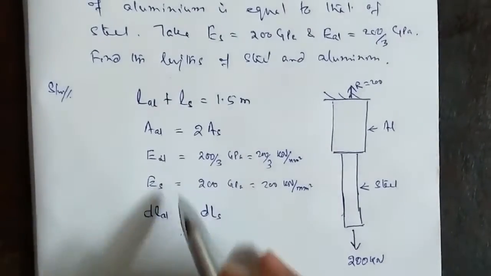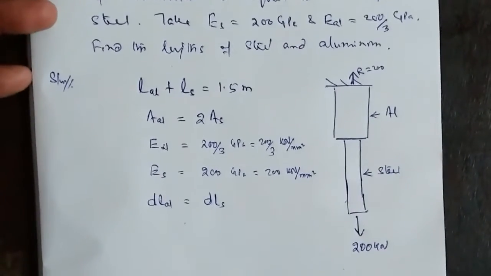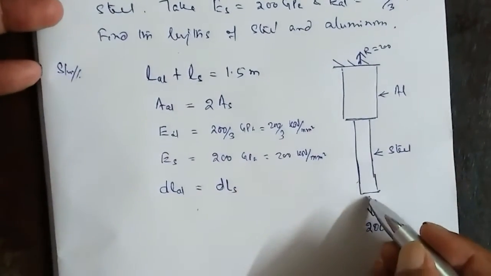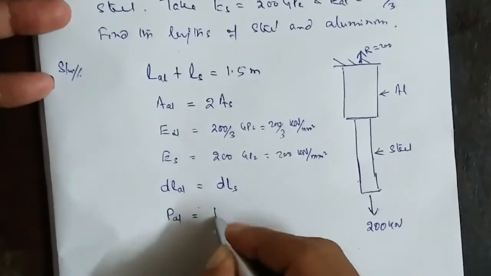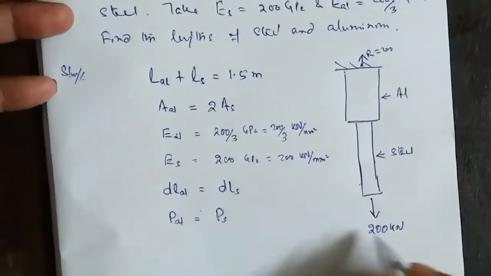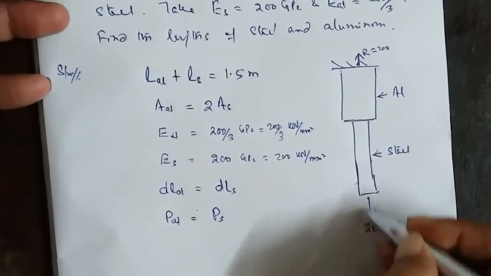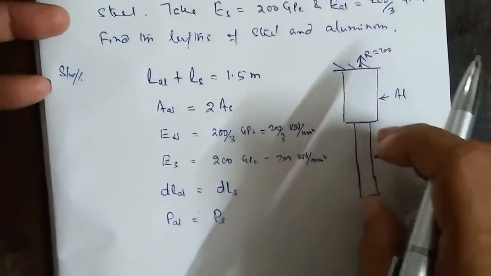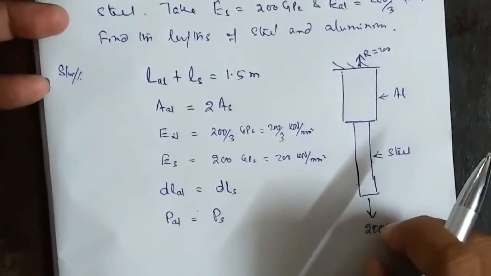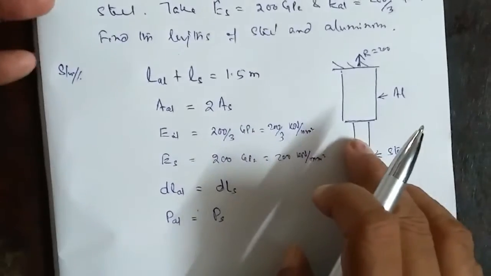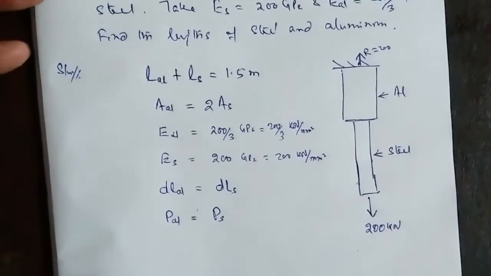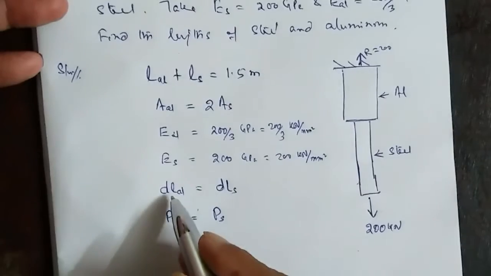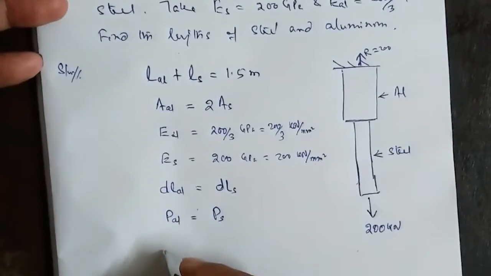These two data are given. Also, the load on aluminium will be equal to the load on steel, because 200 kilonewton is acting throughout from top to bottom. So the steel is under 200 kilonewton tensile and aluminium will also be under a load of 200 kilonewton tensile. So this is also the same. Let us find one by one.